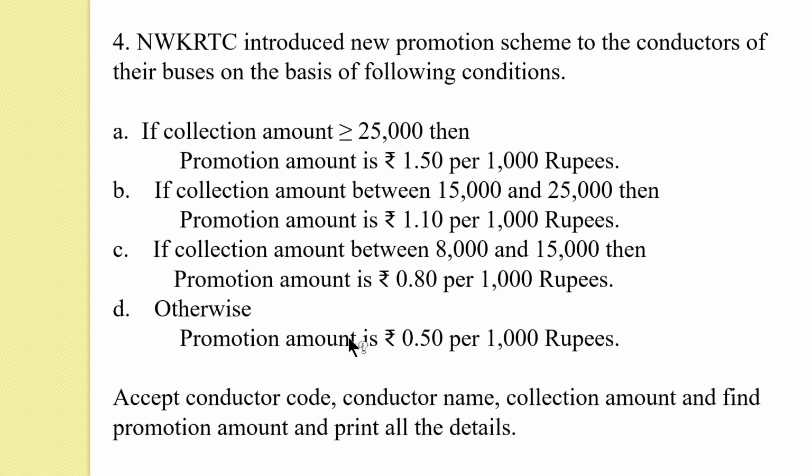Otherwise, promotion amount will be 50 paisa per 1000 rupees. Later it is given that accept conductor code, conductor name, collection amount and find promotion amount and print all the details. Right now let's see the window design.